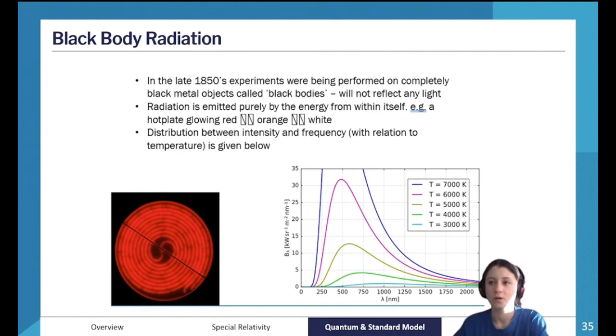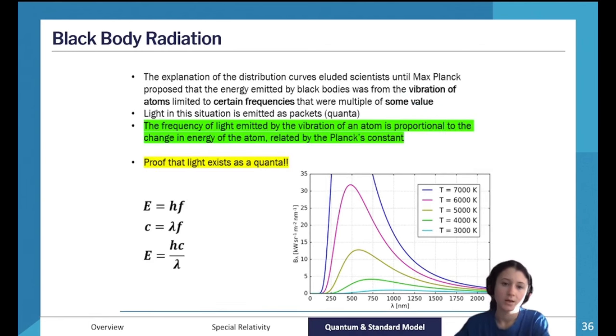So this is what was observed when these black body radiation experiments were being done. The interesting part about this is that it isn't what other scientists would have expected. So they didn't understand why this is what happened.